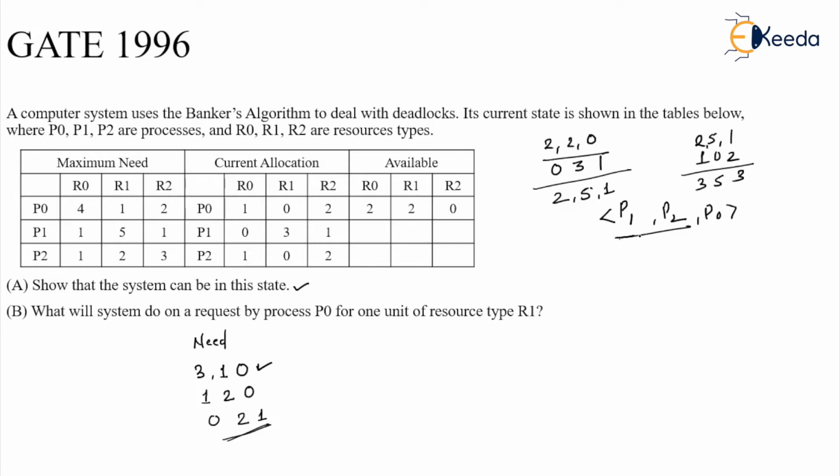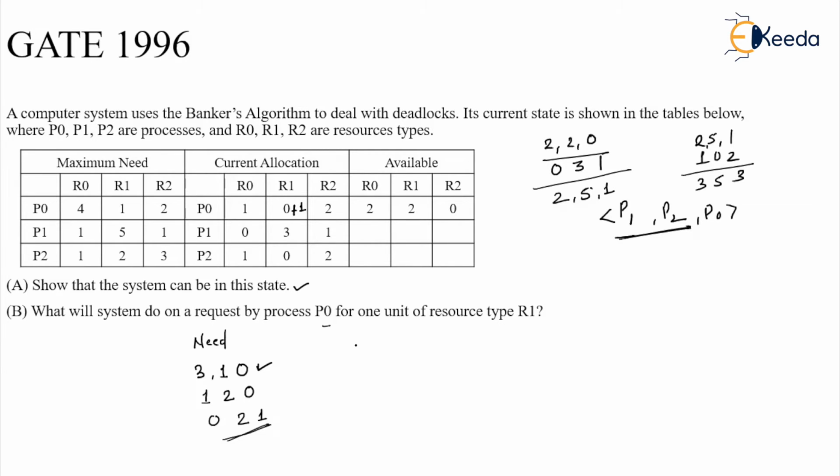It is still safe. What will the system do on a request from P0 of 1 unit of resource type R1? Right now it is having 0, so this will become 0 plus 1, and the need will change.